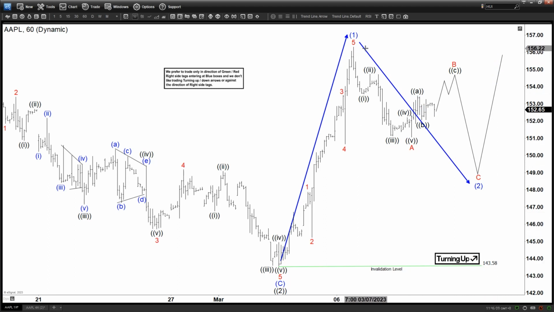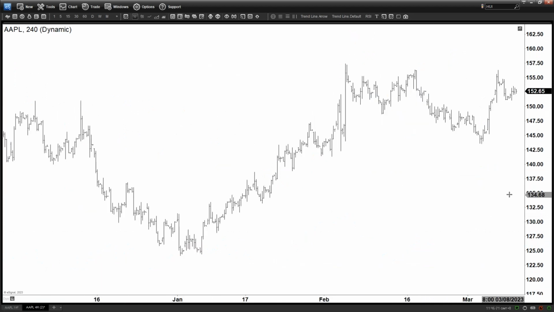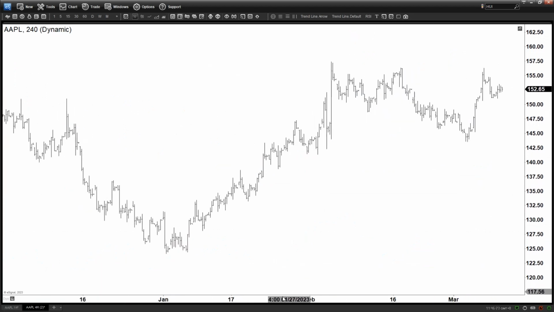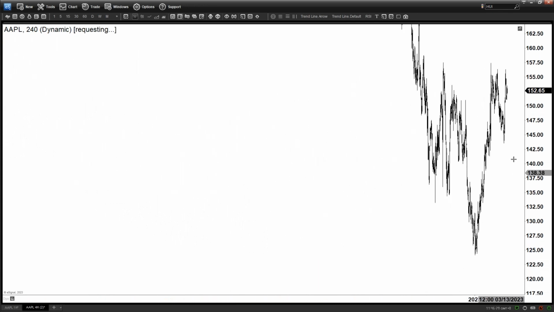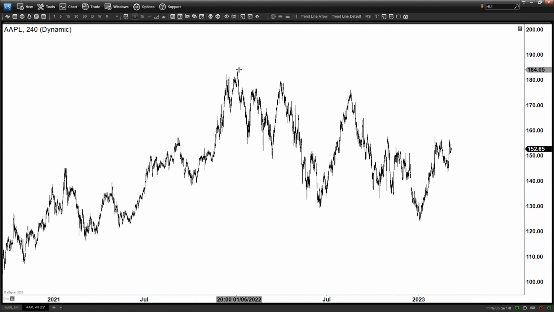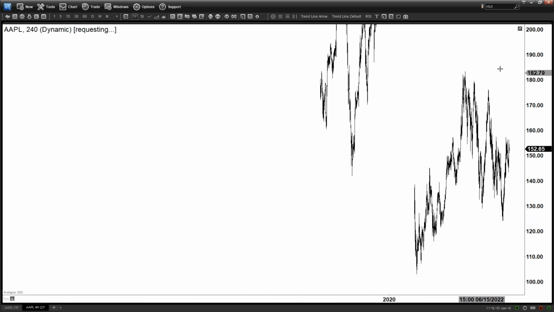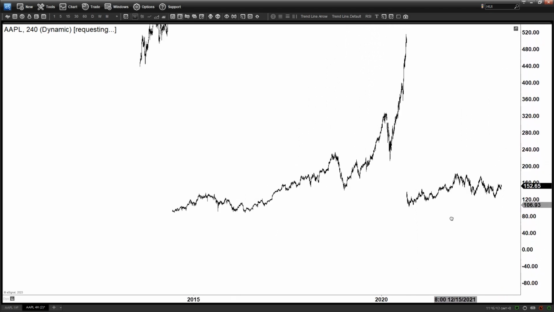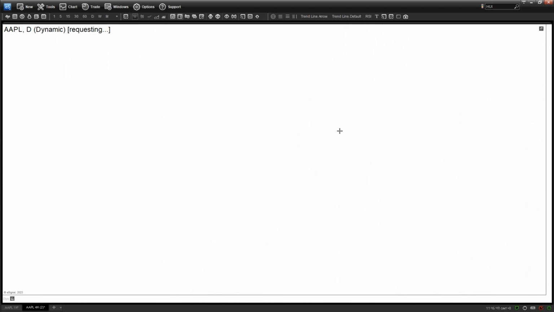Okay, so you can see this rally, it does look impulsive, right? It does look impulsive. And if we zoom out to the 4-hour, now this is very interesting here. You notice here, first of all, from the 184, I believe that one was the all-time high, no, that's not the all-time high, my bad. Hold on, let me go to the daily time frame.